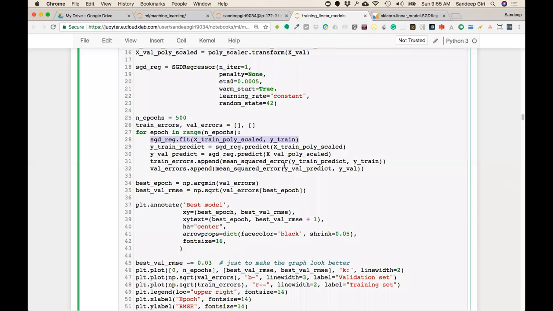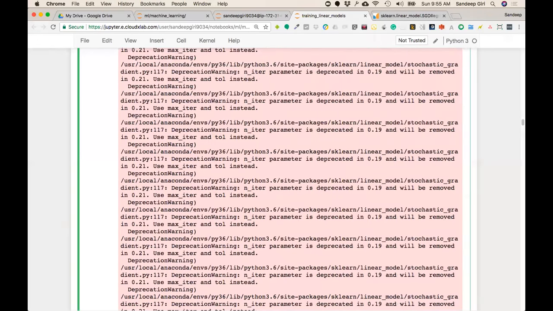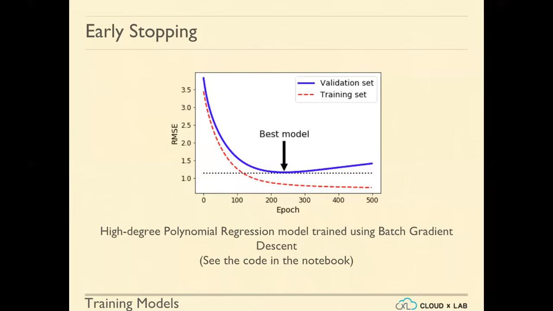That's what warm start means: continue from the point where we left off previously. Using this technique, we have done this optimization.